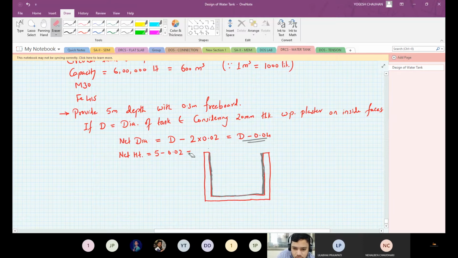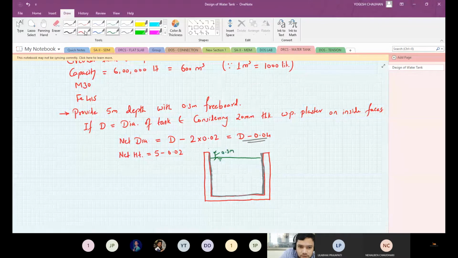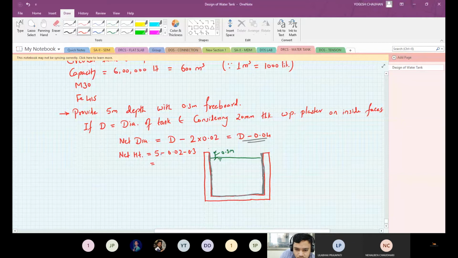And also the freeboard, if this is the water level, then we have considered 300 mm of freeboard, so minus 0.3. So this 4.7 minus 0.02 will be 4.68 meter. So this will be the net height.